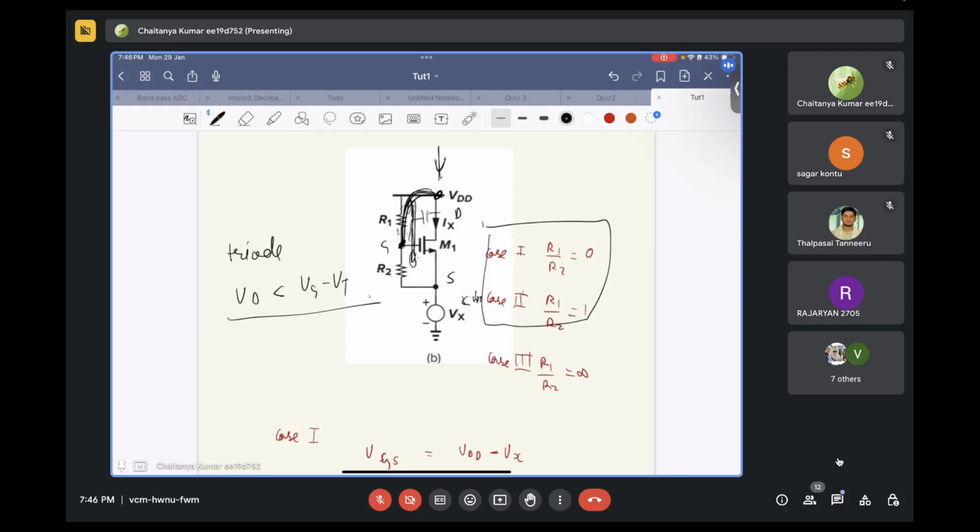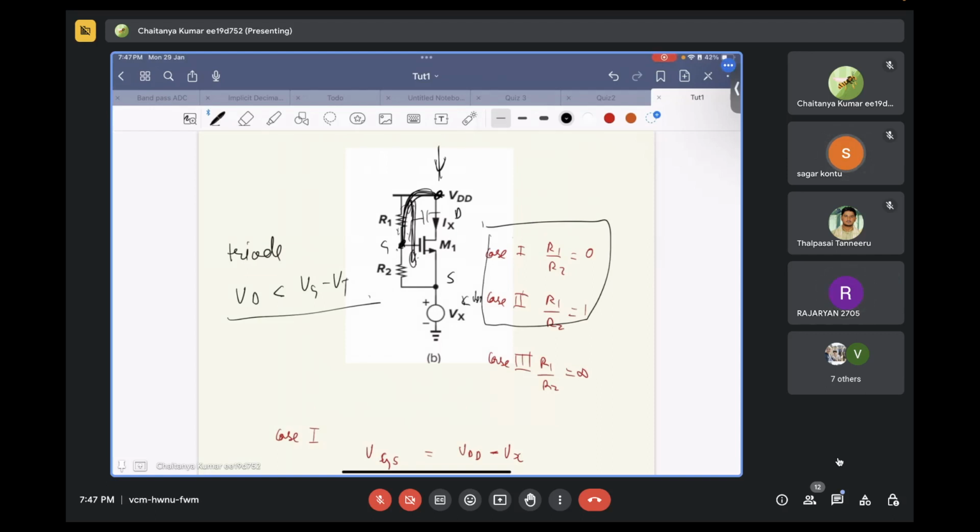Is this clear? Yes. Case one and case two are both in saturation, right? Yeah, that's what I'm saying. Whenever there is a connection between drain and gate, your transistor is always going to remain in saturation.